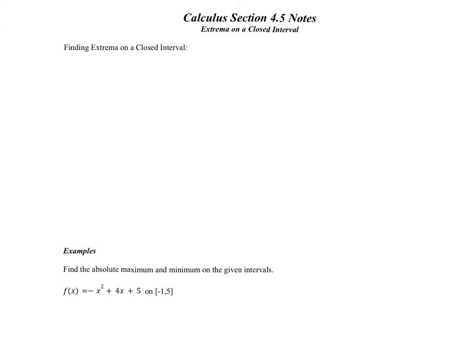So a closed interval is when you have an interval, a to b, including a to b, and then all the numbers in between. So we have a theorem that is sometimes called the extreme value theorem.